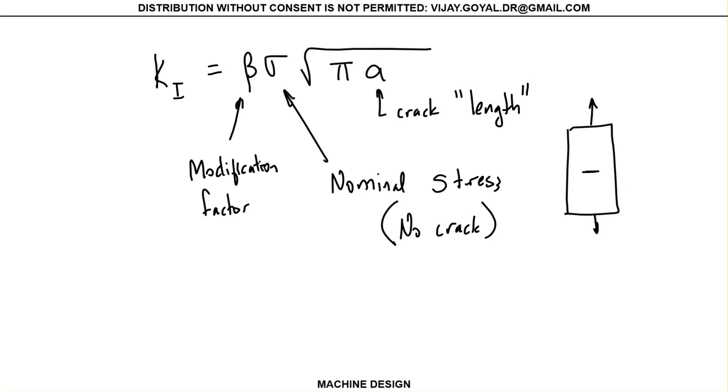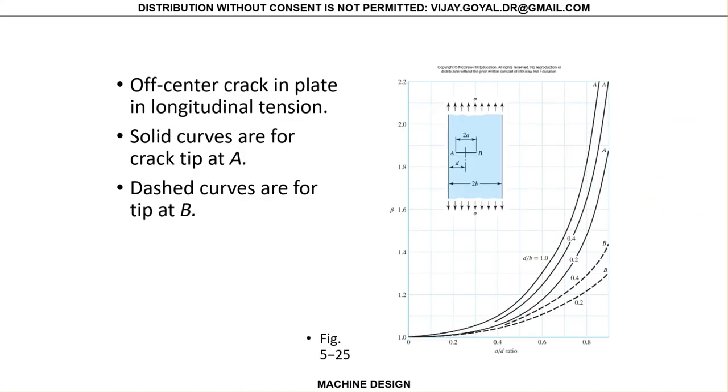At this particular location right here, I'm going to evaluate the plate. I want to know the stress exactly where the crack is, as if there were no crack, and that is this stress that I'm pulling with right here. Assume there's actually no discontinuity there. That's the value that goes there. Now, there are some nice charts in your book that tell you exactly what they look like. If you have a crack, you have to look at the figure very carefully and know what your A and B are. So this is 2 times B, 2 times A.